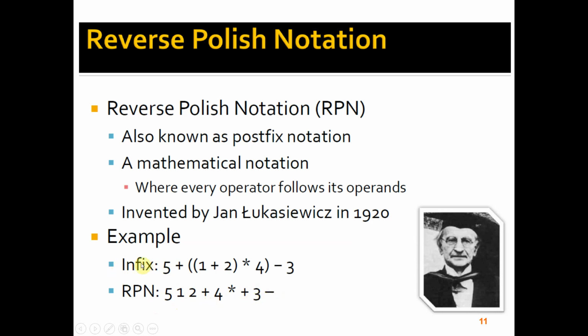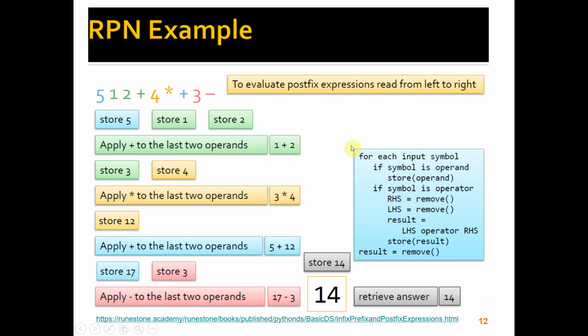We'll see how to convert an infix notation to a postfix notation a little bit later, but what I can show you here is that now we have 5, then 1 and 2. And to evaluate this operation, we can use a stack. We'll see how to do this.